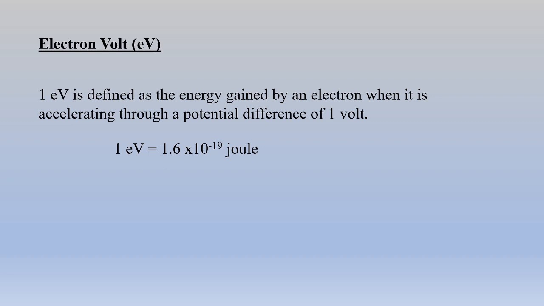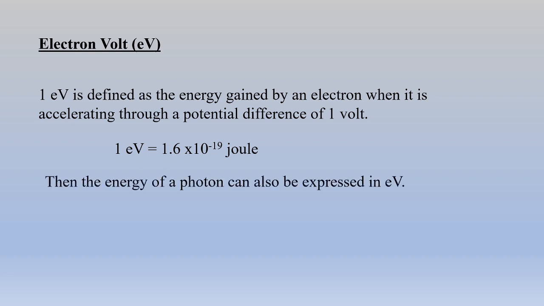We can also express the energy of the photon in terms of electron volt. For that, we divide the expression for the energy in joule by the energy corresponding to 1 electron volt. That is, E is equal to 1.989 into 10 raised to negative 16 divided by lambda, all divided by 1.6 into 10 raised to negative 19.